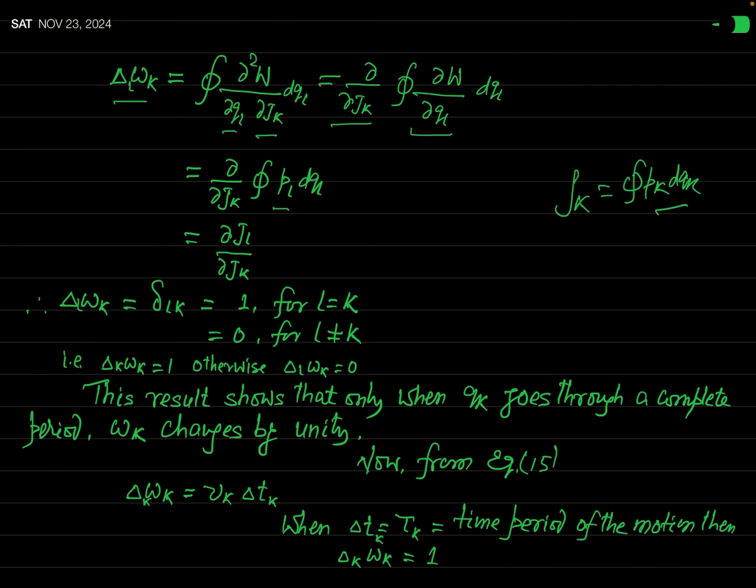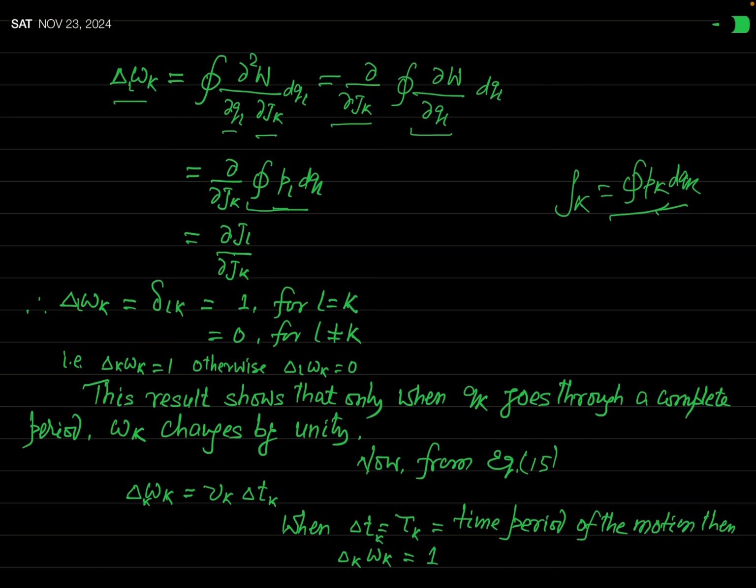You have seen or not? Definitely you have seen. On the basis of this definition, you can write the integral of PL dqL for a complete cycle is equal to JL. So instead of this, I have written here JL. So delta L omega k is equal to del JL by del JK.